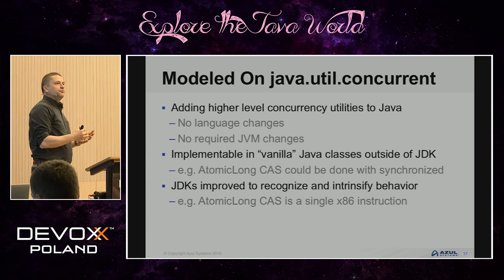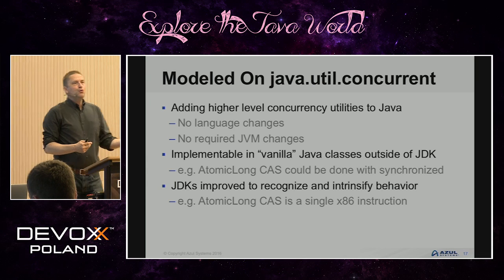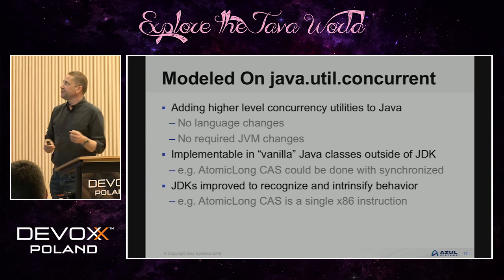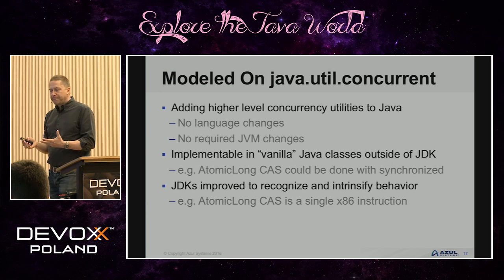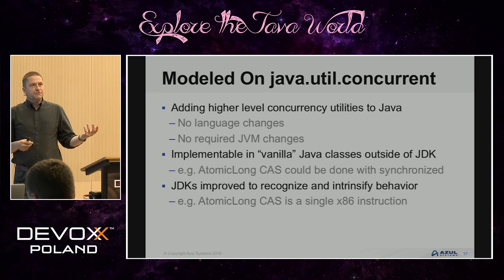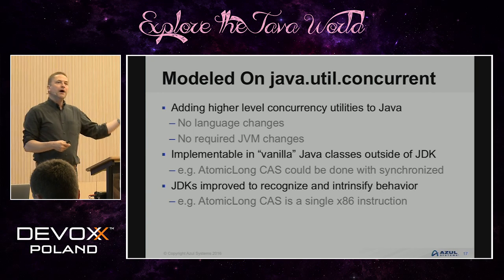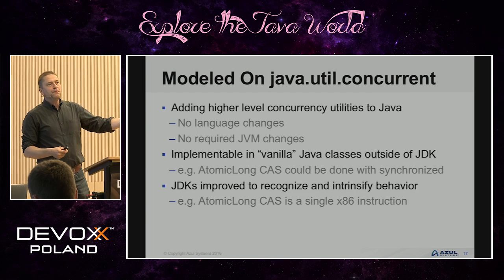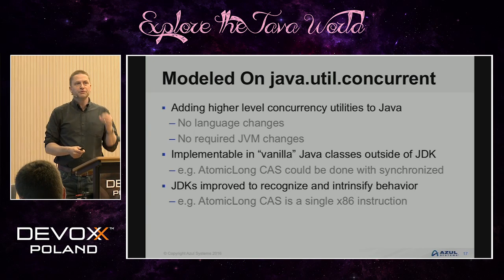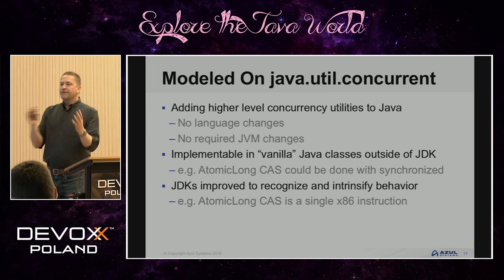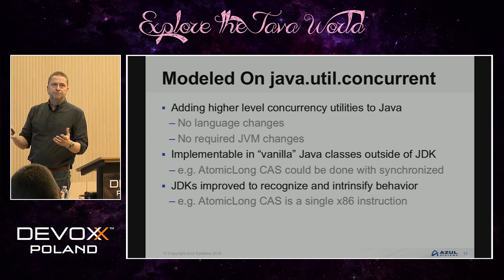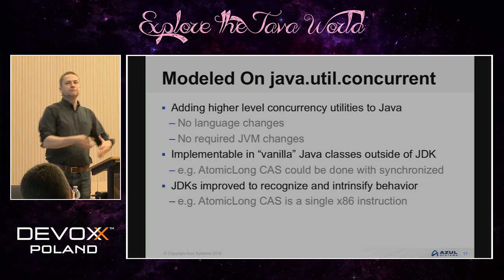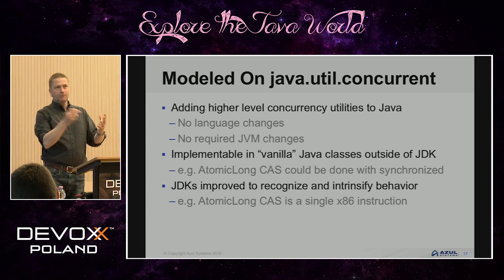Now, the idea behind object layout is to take the same approach that was taken with the concurrency utilities. If you go way back in terms of Java, and you look at JDK 1 or JDK 1.1, 1.2, writing multi-threaded code was very difficult. Right from the very beginning, you had the thread class. So you could create as many threads as you wanted. You could do things in separate threads. That was easy.